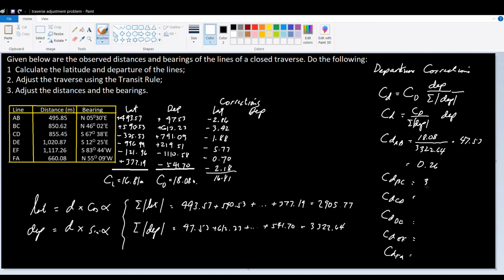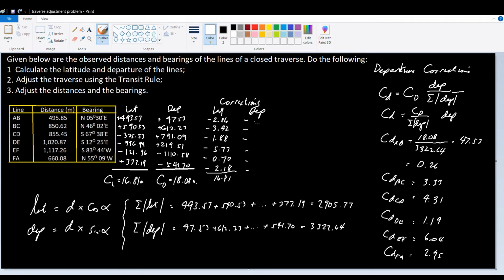3.33, 4.31, 1.19, 6.04, and 2.95. So again, the misclosure in departure is 18.08 positive. So the corrections are the negative of the calculated values.